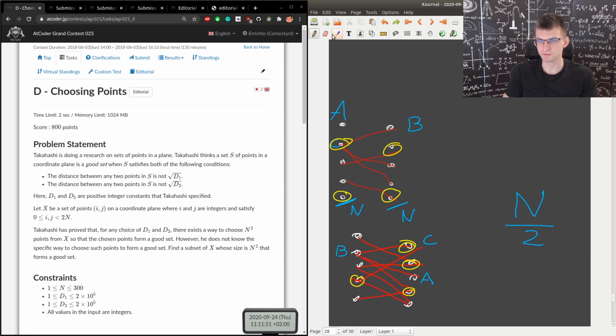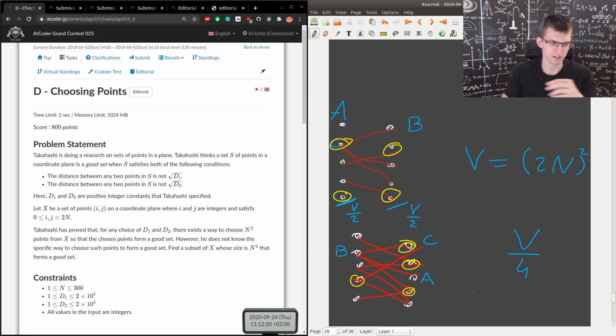Every dot represents some cell of the initial graph. So let's just say that we have V vertices, and V is equal to 4n squared, but this doesn't matter anymore. And we have V over 2 on the left, V over 2 on the right, same in the other graph, and we want to choose an independent set of size V over 4.